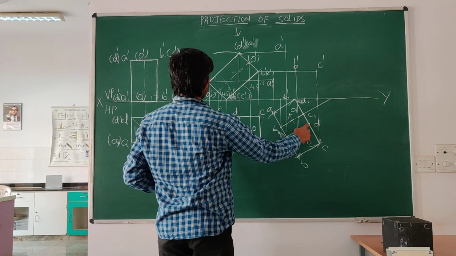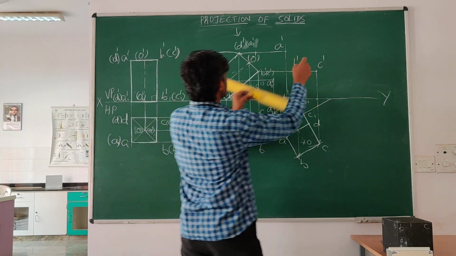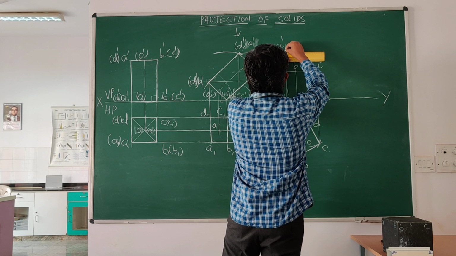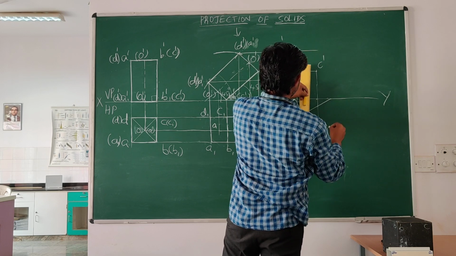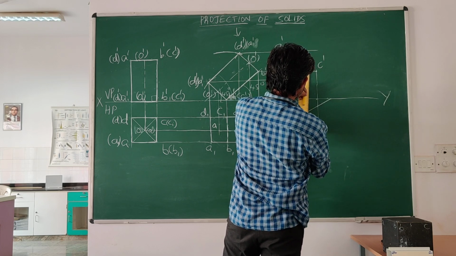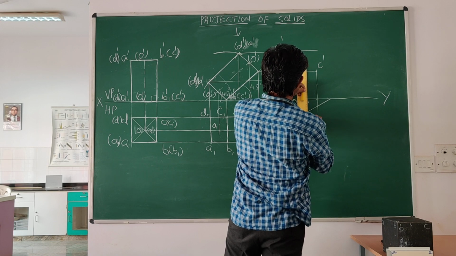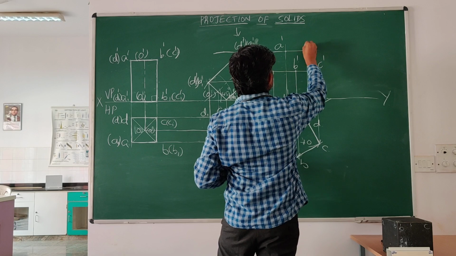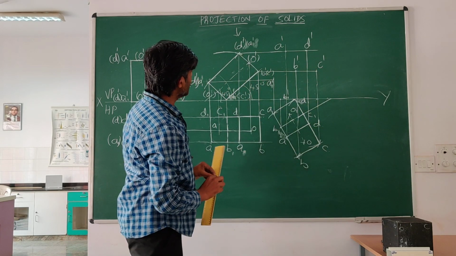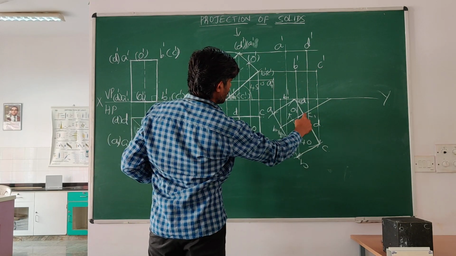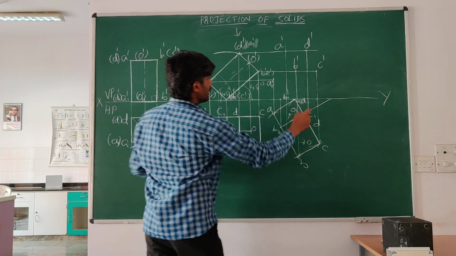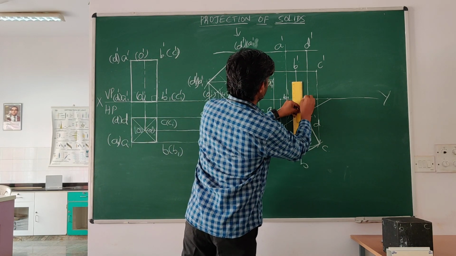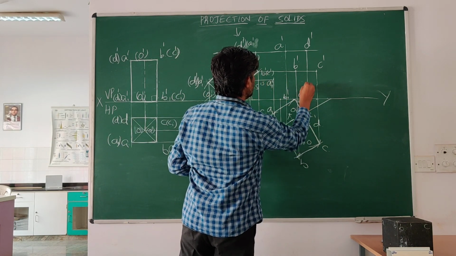Now D is on the same line as A. This is D dash. Now C1. C1 is also on the XY line. So this is C1 dash.